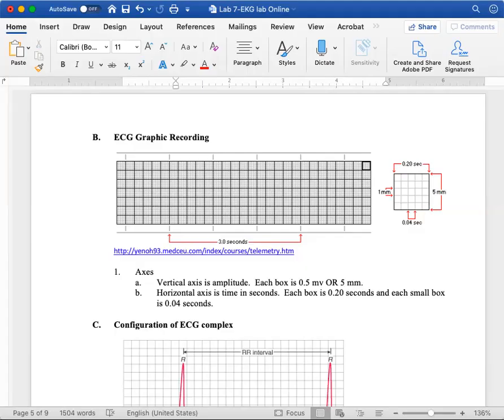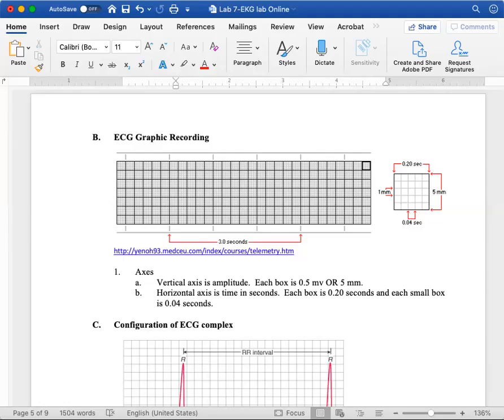Okay, so take a look at this box. This box right here on the left bottom of the EKG strip, or the top right, I guess, would be more appropriate, we're going to blow that up. Take a look at this. I'm not too interested in you knowing the amplitude, but I am interested in the time duration.